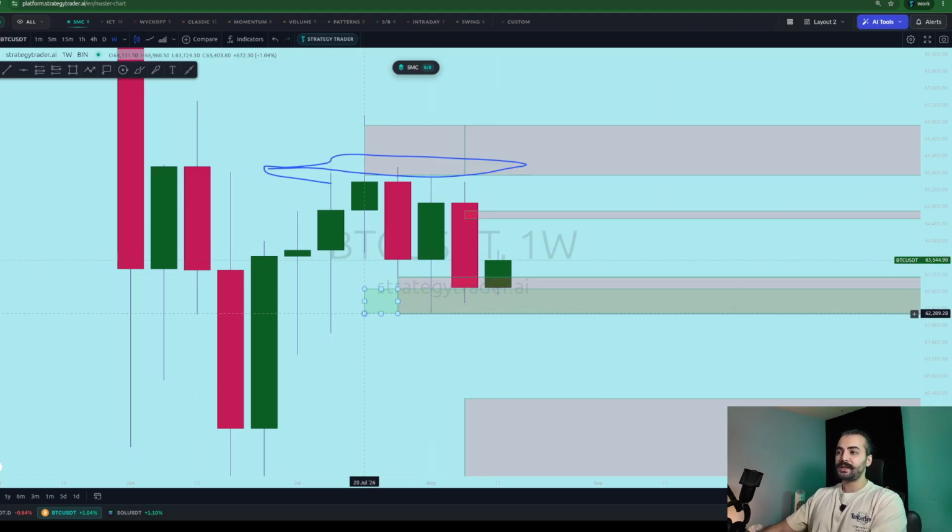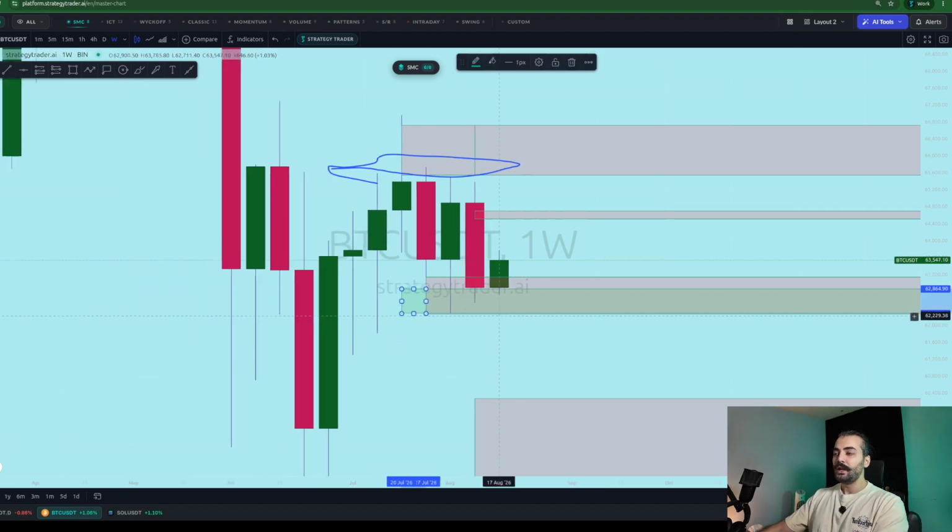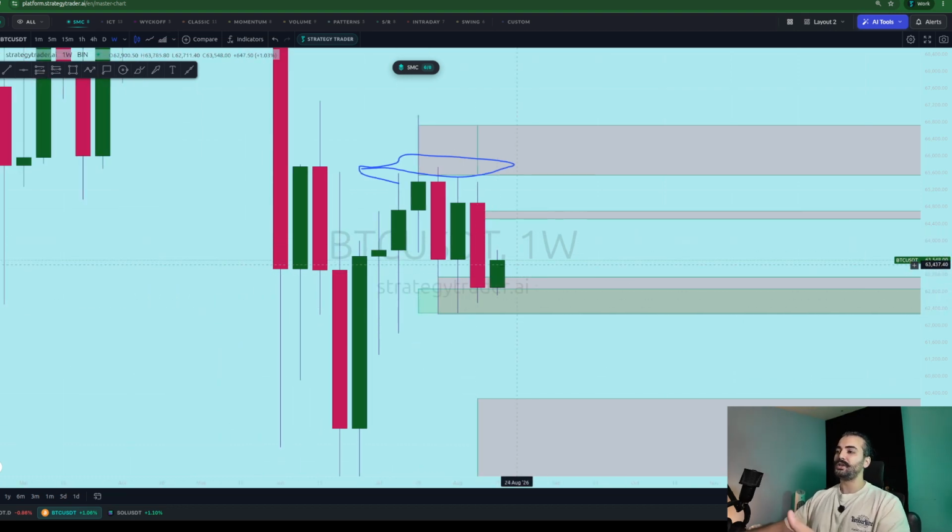So it shows that this support, the red support that we made here, was not as strong as it was supposed to be. So we went back to this level, and it couldn't even close above the support that I have here, this red box. From here, you can see how red it became, even below this low. It shows us that going lower here, going bearish, there's a good chance that we can continue going lower.